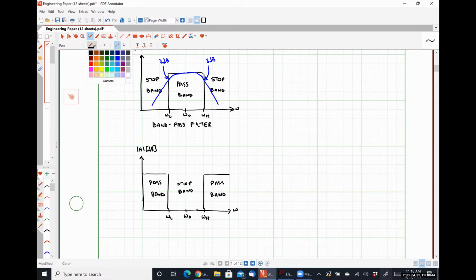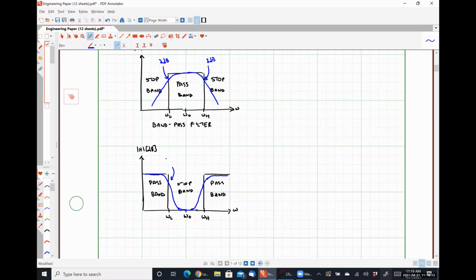And practically, this is going to look something like this, where realistically, that dip or notch in the middle might not make it all the way down to 0, or you know, it might not fully attenuate things.